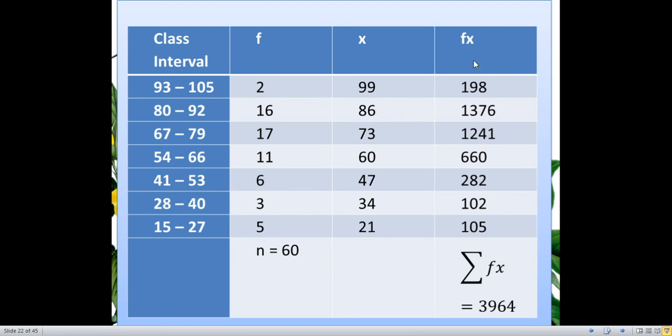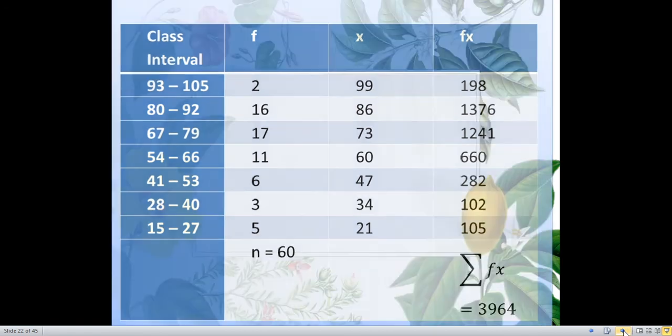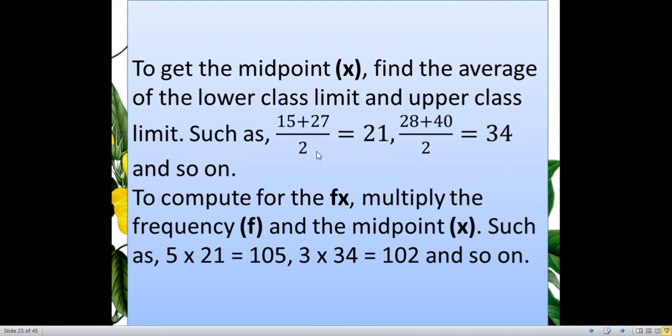Then how do we get the 198? We have 2 times 99. Then the 1,376 is 16 times 86. When you find them all out, you add them all, and you will come up with the summation, which is 3,964.